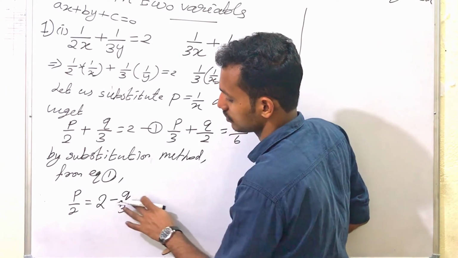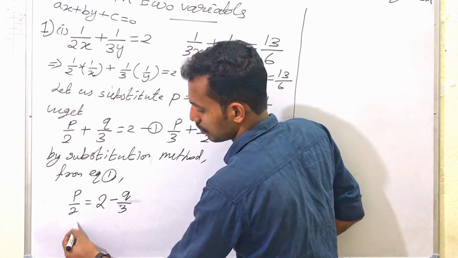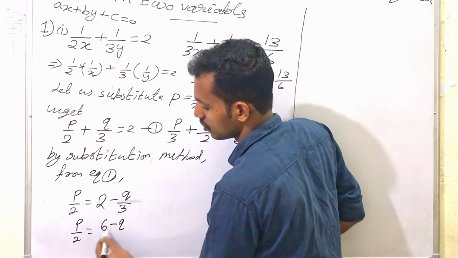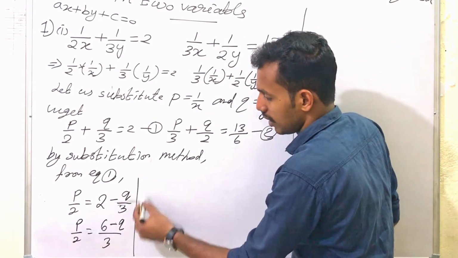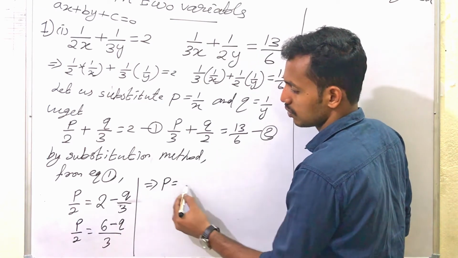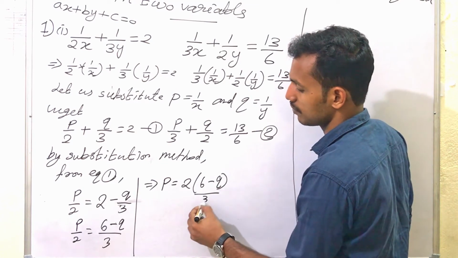Clear? So then P by 2 is equal to, taking the LCM, 6 minus Q divided by 3. That implies P is equal to 2 into 6 minus Q divided by 3.